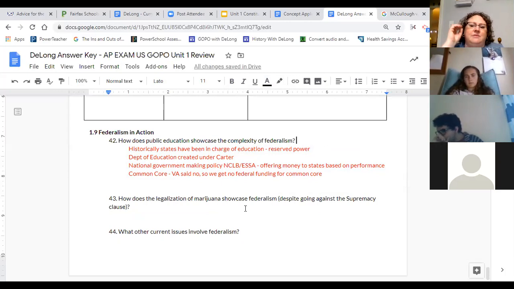So whenever we take something that has historically been a power that was always set aside for the states and the federal government starts getting involved, people get a little upset. You can look at that at the local level, because when Governor Northam closed the schools, did he issue a mandate that said, okay, all of the Virginia districts and divisions, we're all going to do it this way?